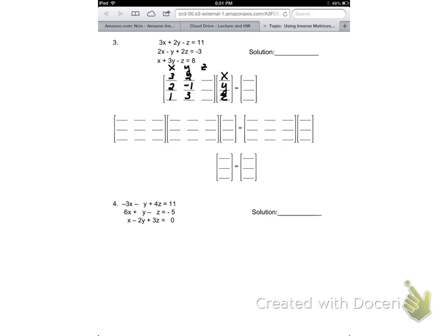And the z coefficients are -1, 2, and -1. And then put the constants or the answer choices in this matrix. So we have 11, -3, and 8. Alright, so we're going to enter this into matrix A and this into matrix B.